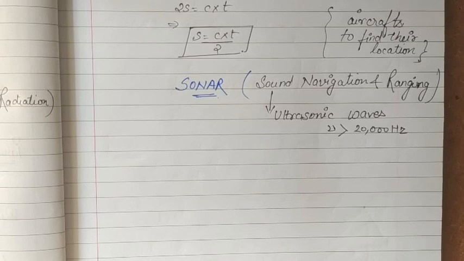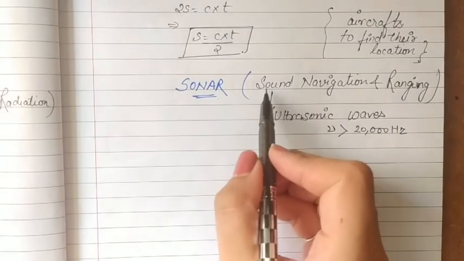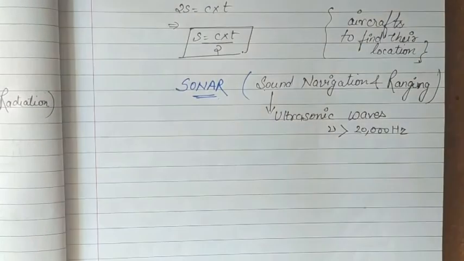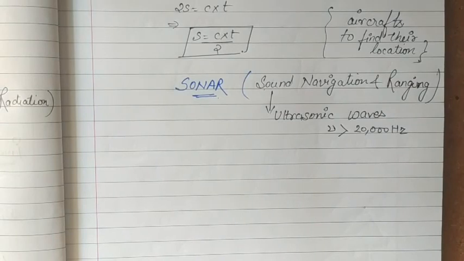Okay, so these are the waves that we are going to use in sonar method, and these are generally used for locating the position of submarines or some submerged rocks inside the ocean. So these are basically used when we are trying to find the location of something inside the ocean, as these waves can transmit through the ocean, right?